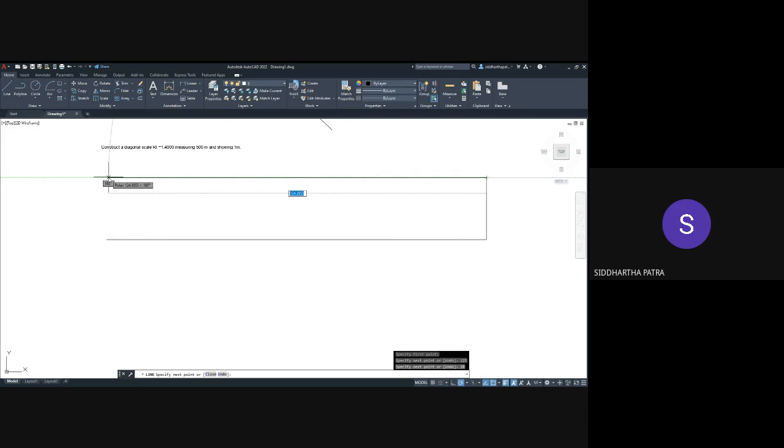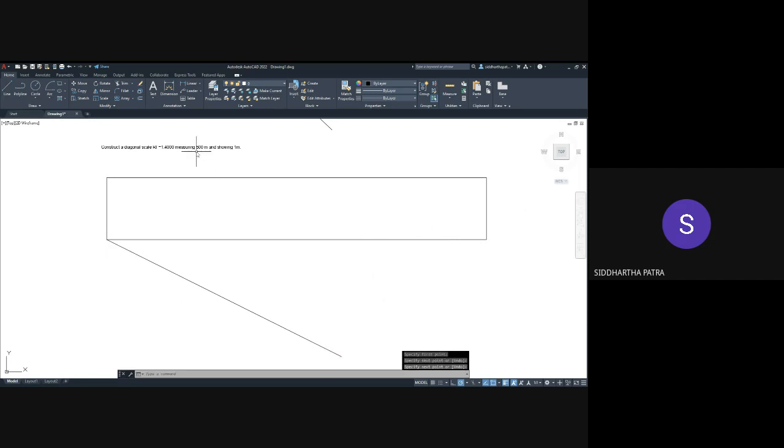And again 125 on this side, and then close. Then I'm supposed to divide. Just like the scale example, I'm supposed to divide this into 5 segments.